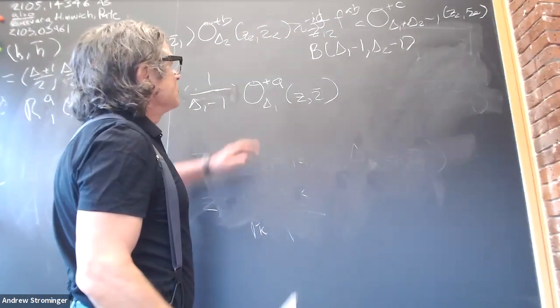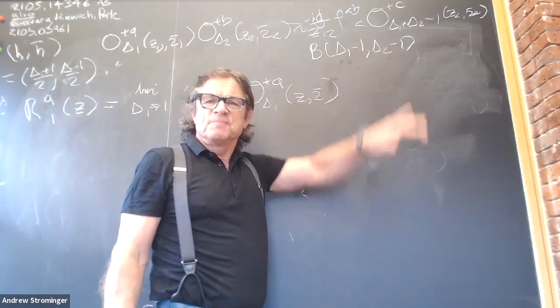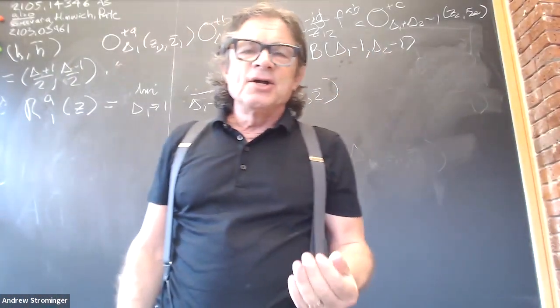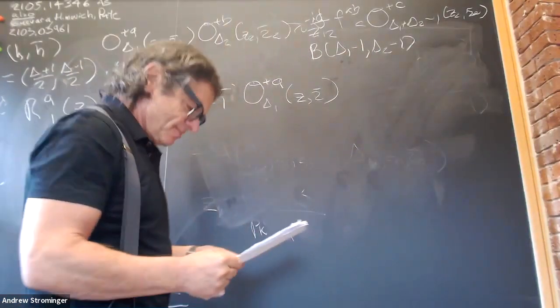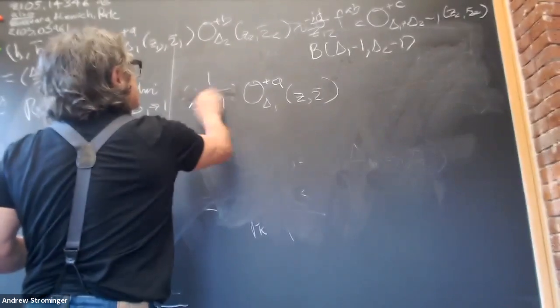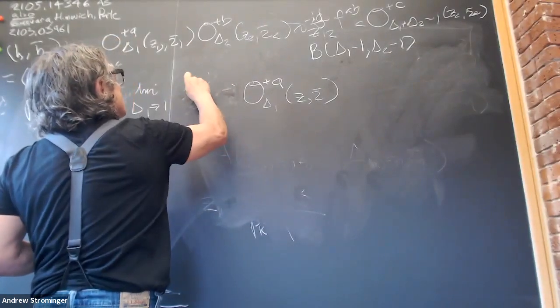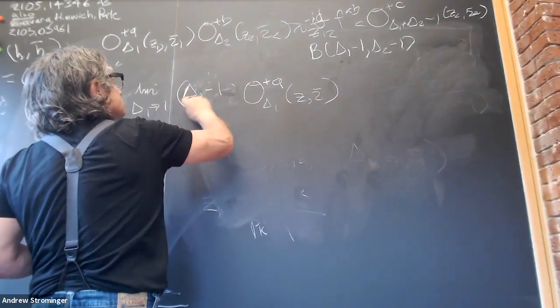This operator, so I'm basically taking the residue, delta 1 minus 1.